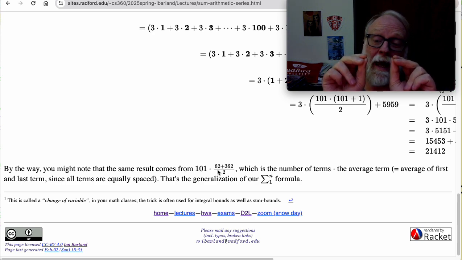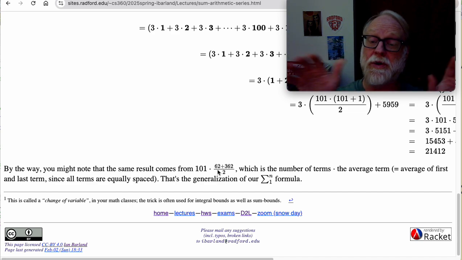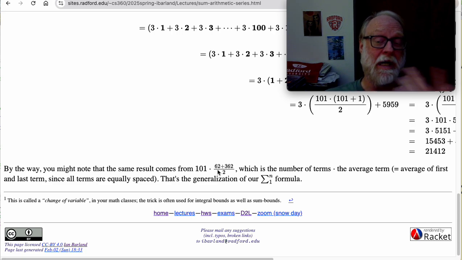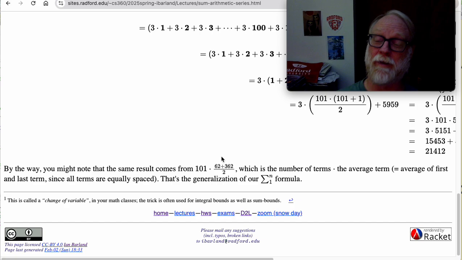Those are going to have the same averages. In fact, the average of the whole sequence is the first term plus the last term divided by 2. That's the average value across the entire sequence. So if that's the average, and I have 101 of them, or n of them, what's my total? Oh, n times the average. That's what average means, right? So, yeah, n halves first plus last.